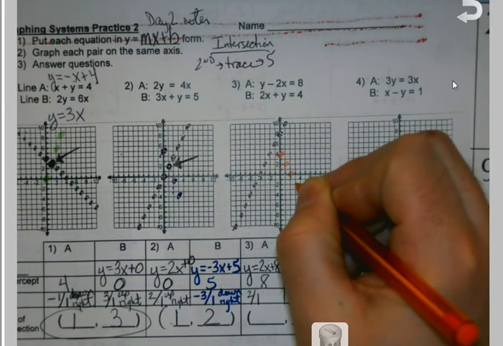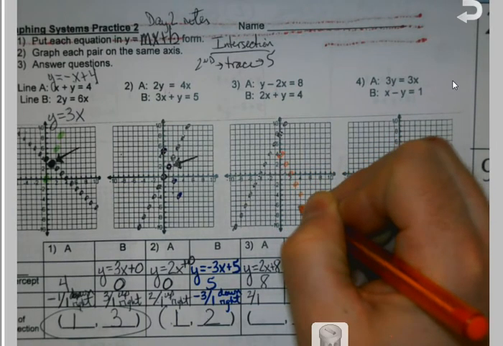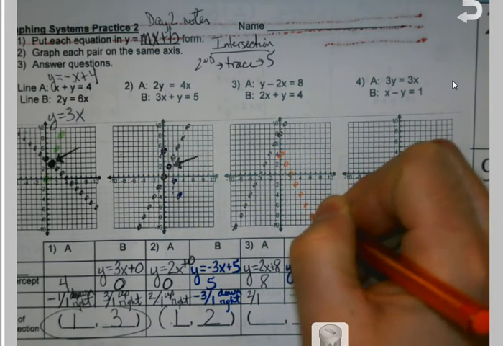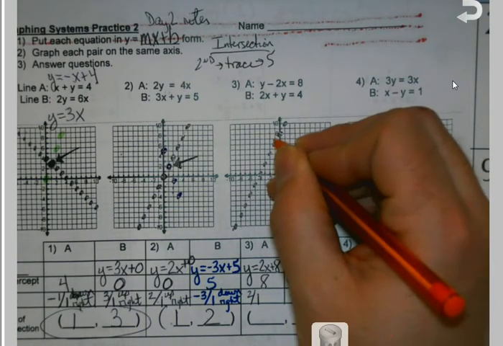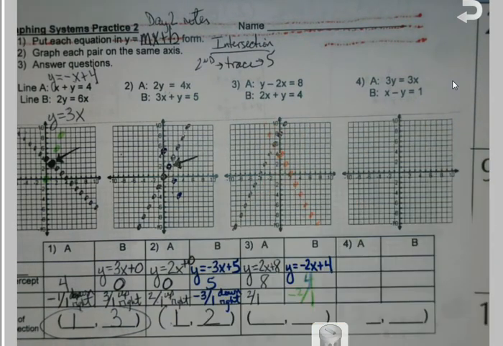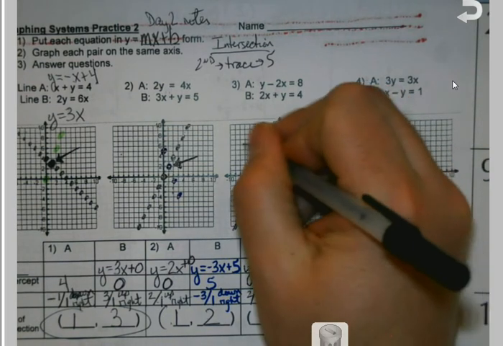Again, keep dotting until you find that point that both lines have in common. Because once you do, and they do have a point, I'll give you a hint.